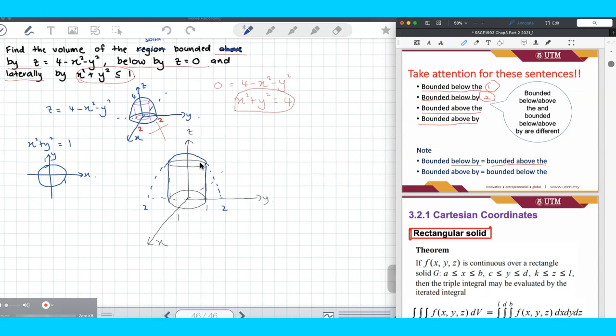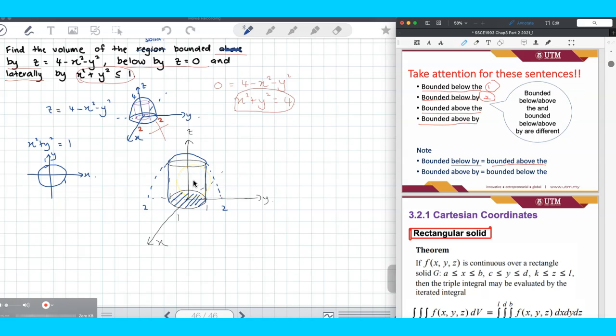Now we read again to check whether our solid is correct. We want the volume of the solid bounded above by the bowl, and below by z equal to 0, and laterally, dikelilingi oleh, bounded by the cylinder with radius 1.